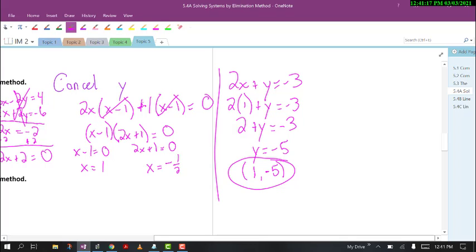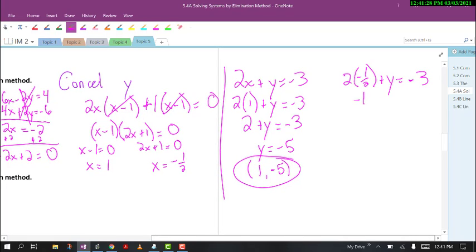Now we're going to substitute in the negative 1/2. So 2 times negative 1/2 plus y equals negative 3. 2 times negative 1/2 is just negative 1. Plus y equals negative 3. Add 1 on both sides. Y equals negative 2.